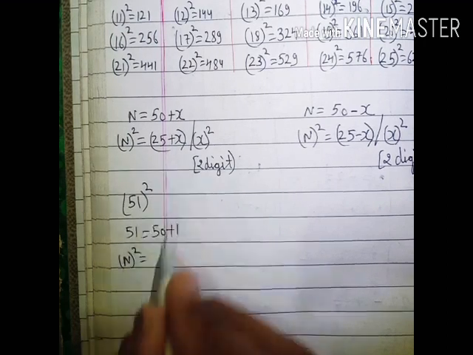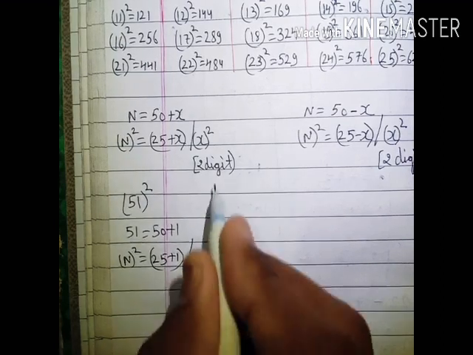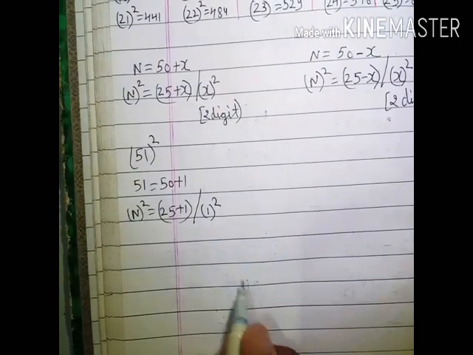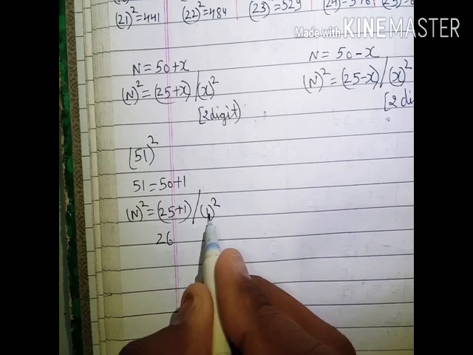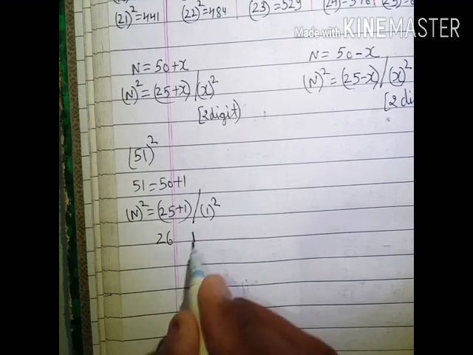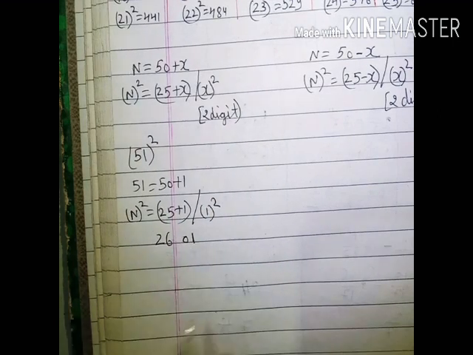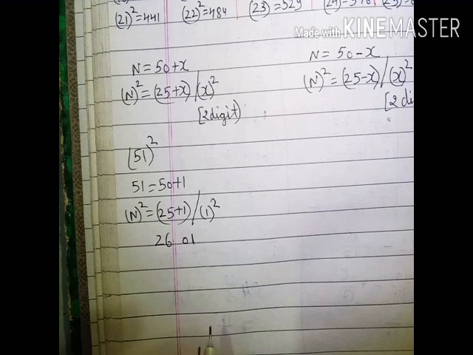On the other side, we will write the square of 1. So 25 plus 1 becomes 26. The square of 1 is 1. We have to write two digits, so we will write 0 before 1 to make it two digits.